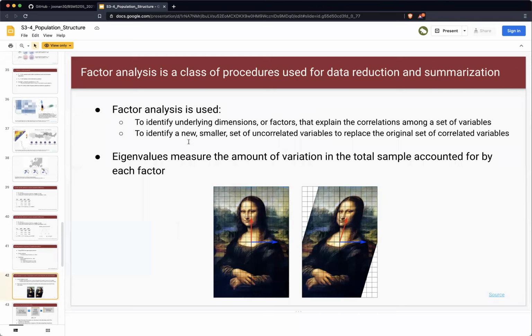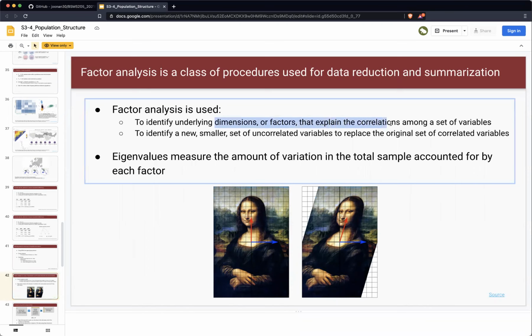Factor analysis is a class of procedures used for data reduction and summarization. Factor analysis can be used to identify underlying dimensions or factors that explain the correlation among sets of variables. Also, factor analysis identifies a new, smaller set of uncorrelated variables to replace the original set of correlated variables.